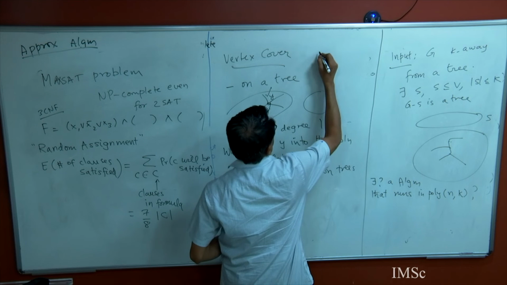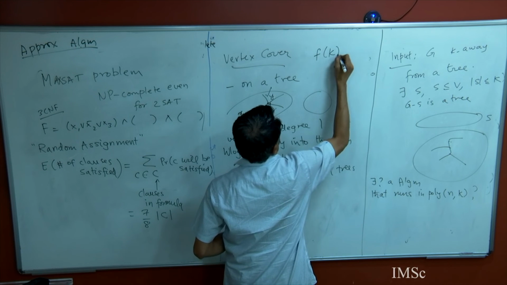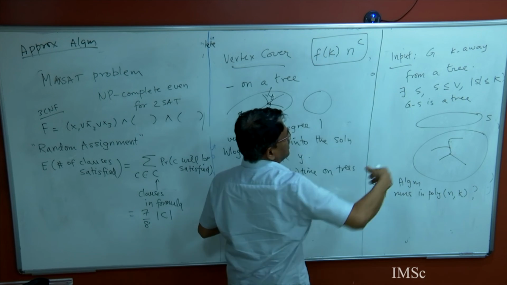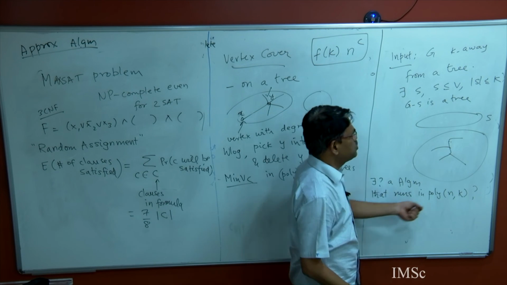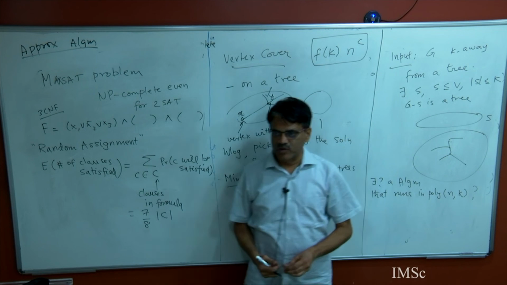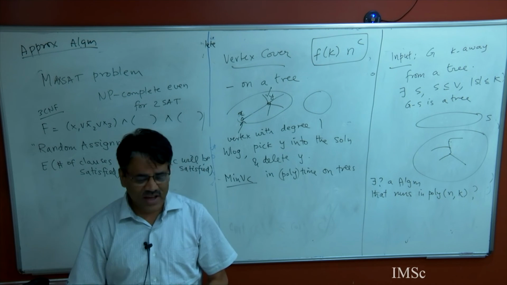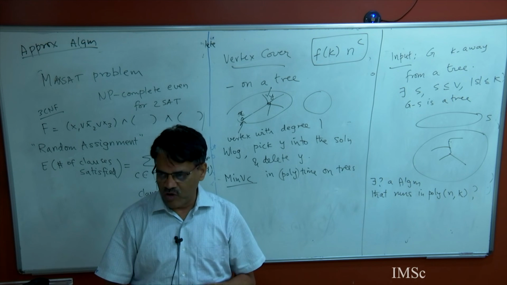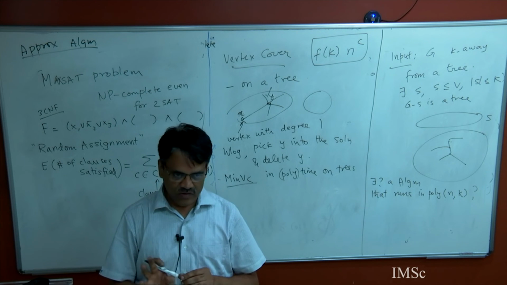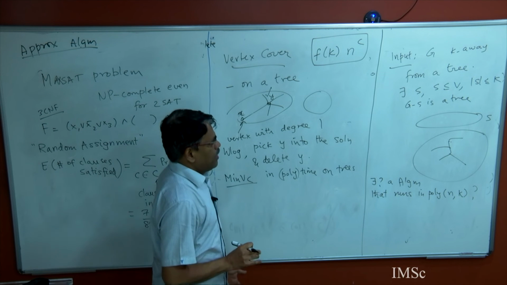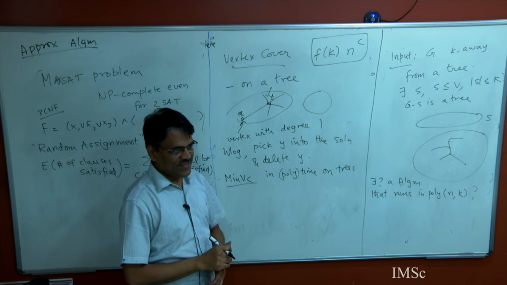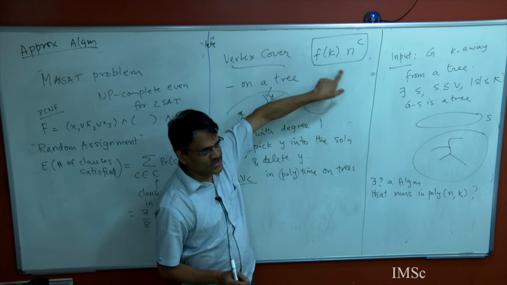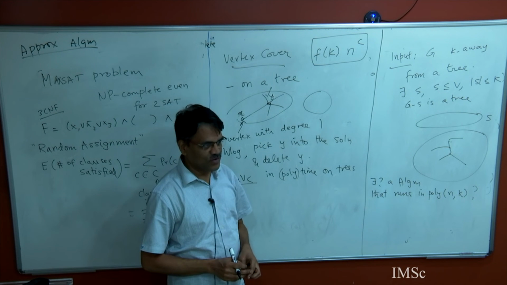You want an algorithm which is some f of k times n to the c, where k is the parameter. In this case, I decided to choose the parameter as the distance from a tree. Parameter can be solution size, parameter can be anything, and you have a whole range of combinatorial questions to explore in this world. But does anyone want to take a guess for an algorithm of this type for minimum vertex cover?